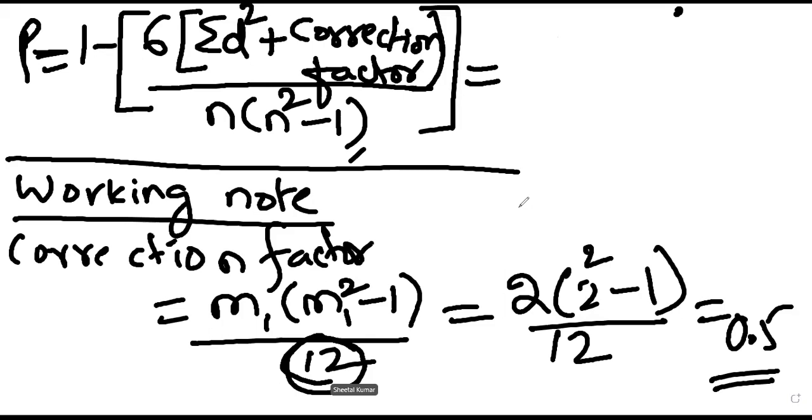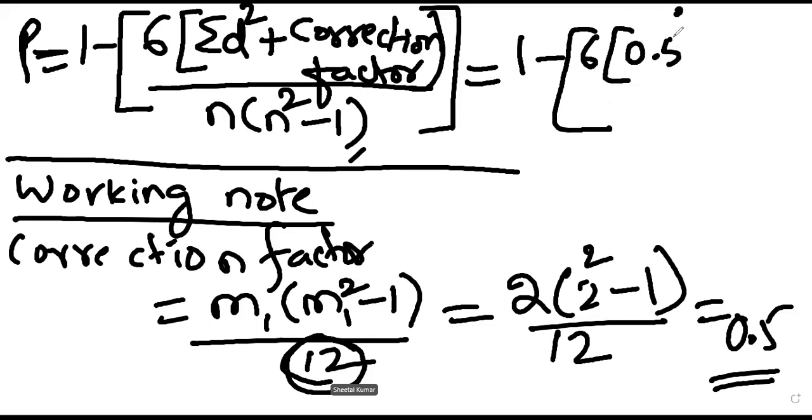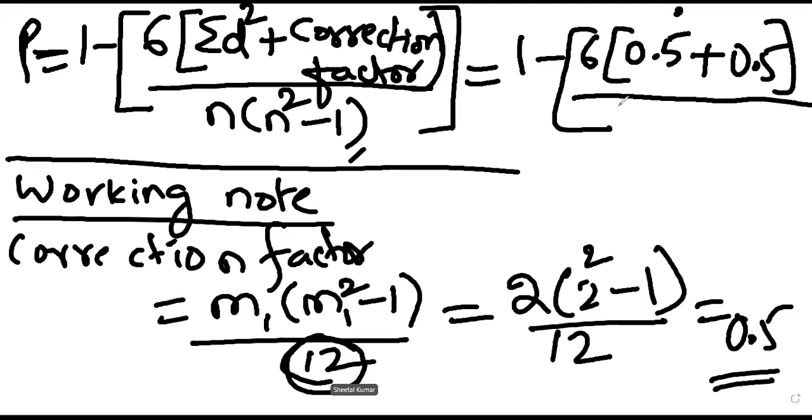Once this is done, we have to substitute all this in the formula. 0.5. What was summation d square? Was it 0.5? Yes, sir. Means 0.5 plus 0.5, whole divided by n.